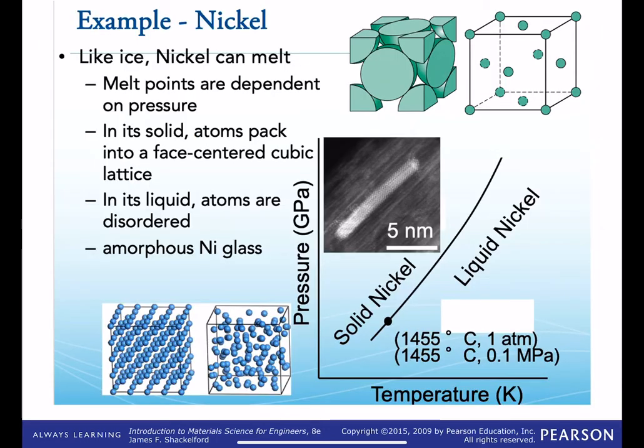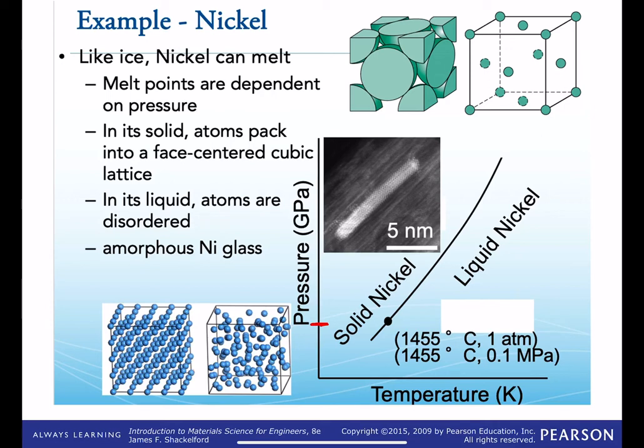Okay, and then let's lastly think a little bit about what we know about matter in general. We opened the course with the idea that bonding had implications on melt points and boil points. As you know, metals can melt as well. So here's nickel. We just did a bit of an analysis on its FCC lattice.